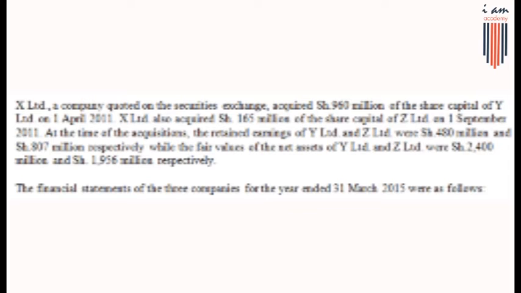On 1st September 2011, at the time of the acquisition, the retained earnings of Y Limited and Z Limited were 480 million and 807 million respectively, while the fair values of the net assets of Y Limited and Z Limited were 2,400 million and 1,956 million respectively. The financial statements of the three companies for the year ended 31st March 2015 were as follows.